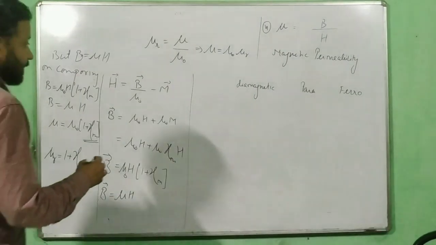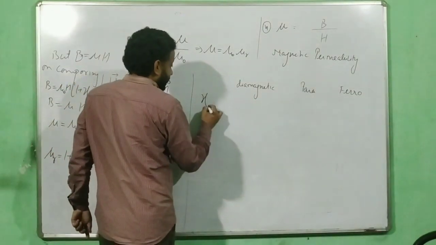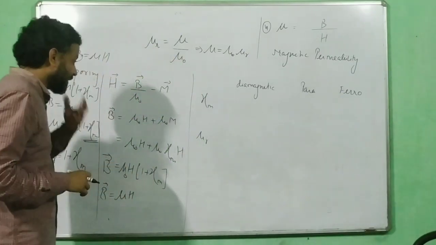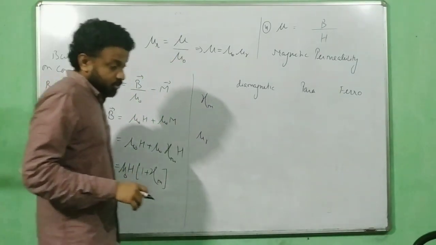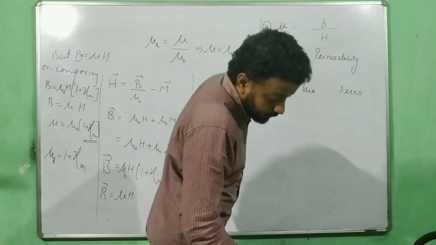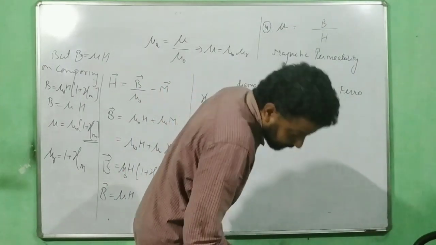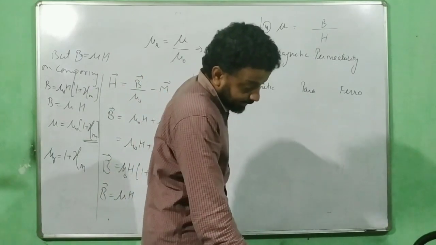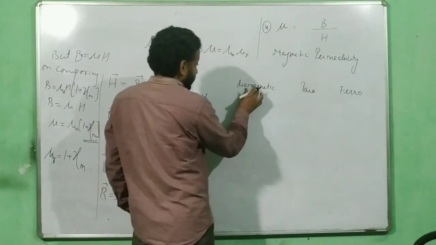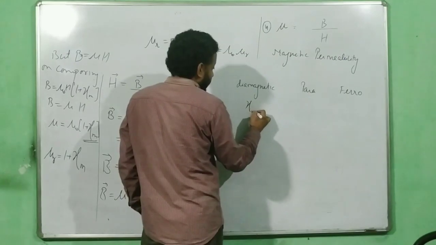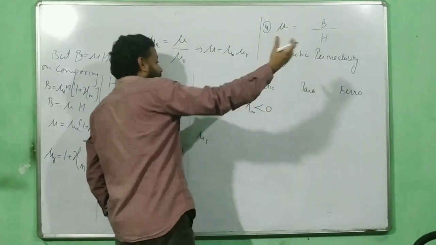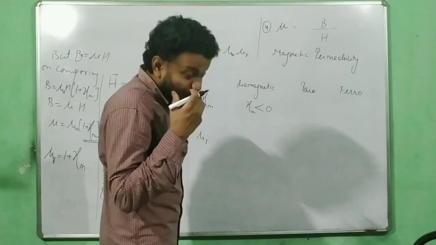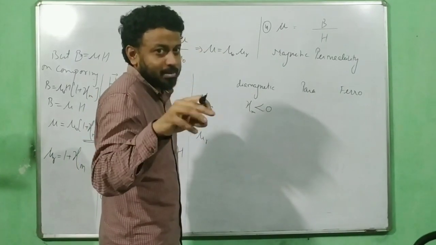So for diamagnetic, let us consider the value of xi m first, and then I will come to the value of mu r. This is an extremely important part because they have asked many of these. For dia, the substance has small negative values, so xi m is less than 0, small negative values like minus 0.1, minus 0.2.